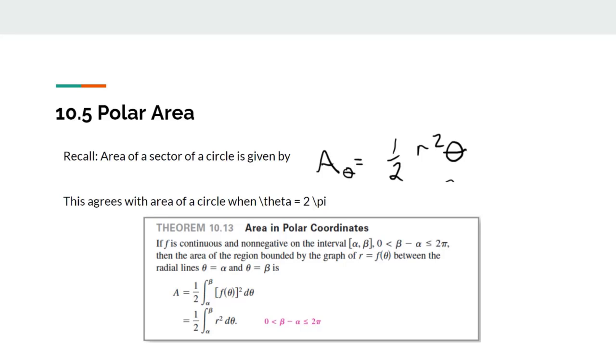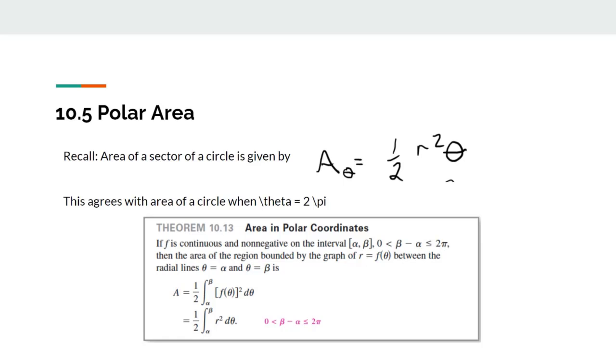So area in polar coordinates is exactly this. We use this formula to approximate area in polar coordinates. We use sectors of a circle to approximate, or really to get the exact area of these regions in polar coordinates.